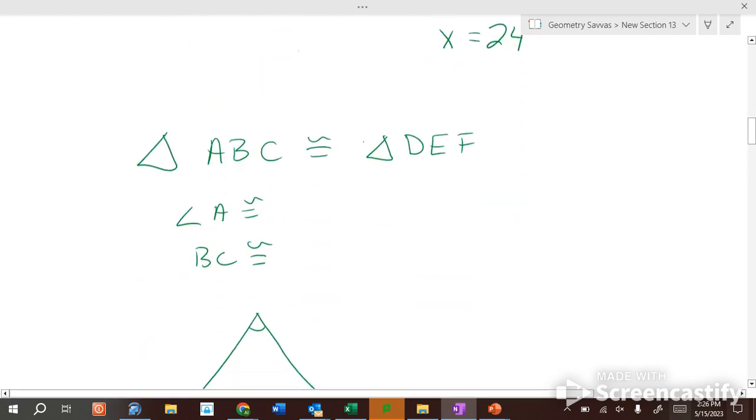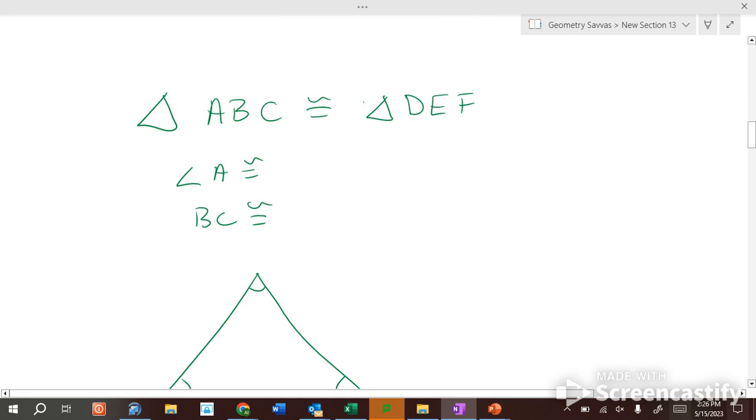If triangle ABC is congruent to triangle DEF, angle A is congruent to what? Angle D. And side BC is congruent to what?